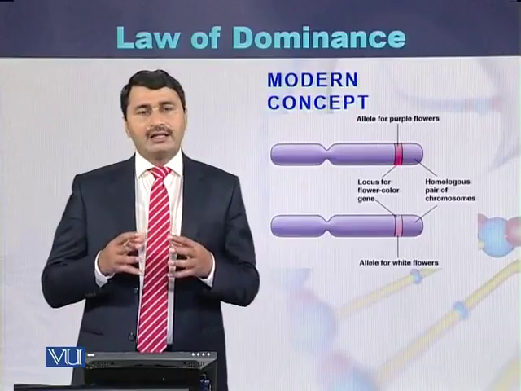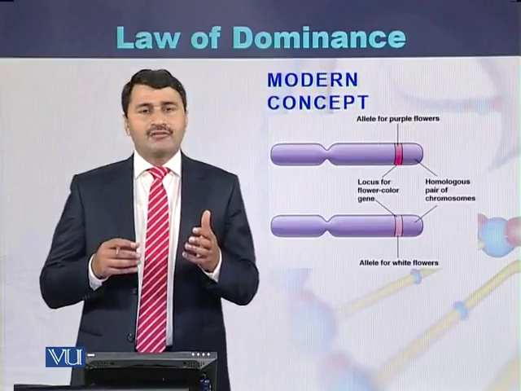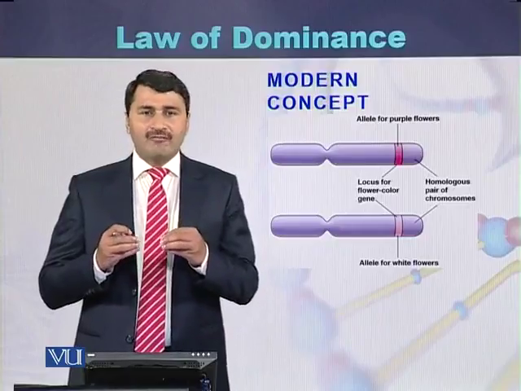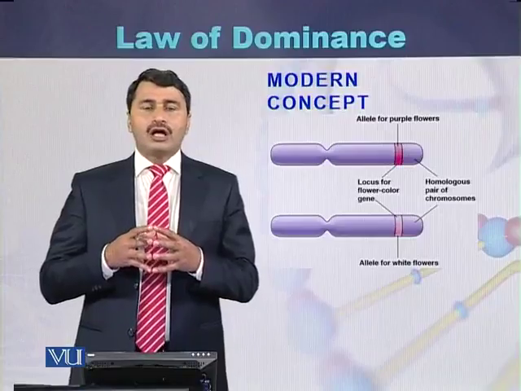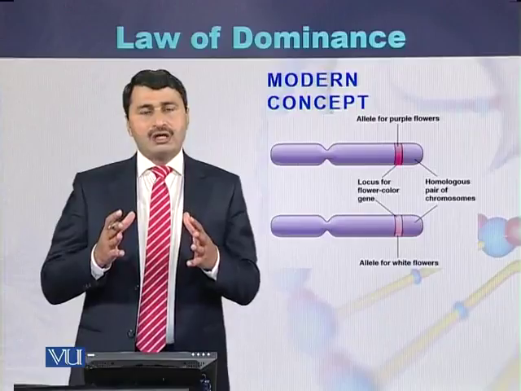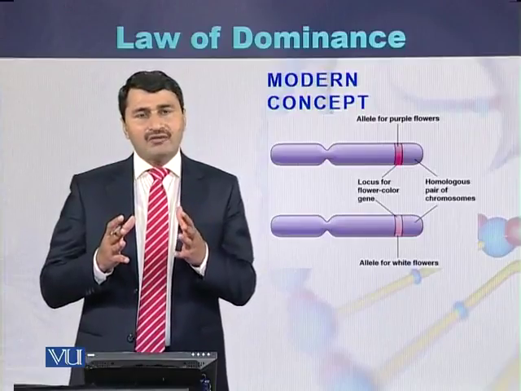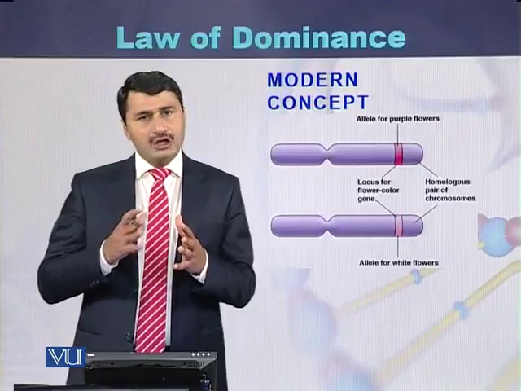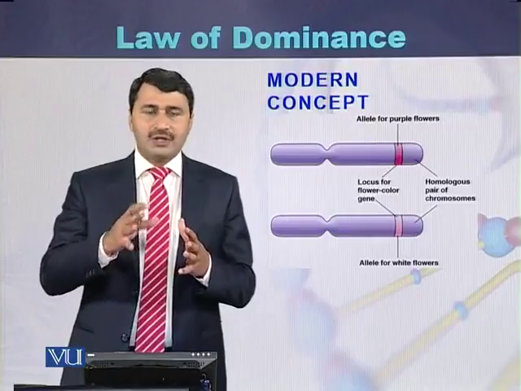Because purple color is dominant over white color, the purple color flower will dominate over the white color flower. So this is the law of dominance. The law of dominance states that in contrasting traits, one version of that trait dominates over the second version of that particular trait.